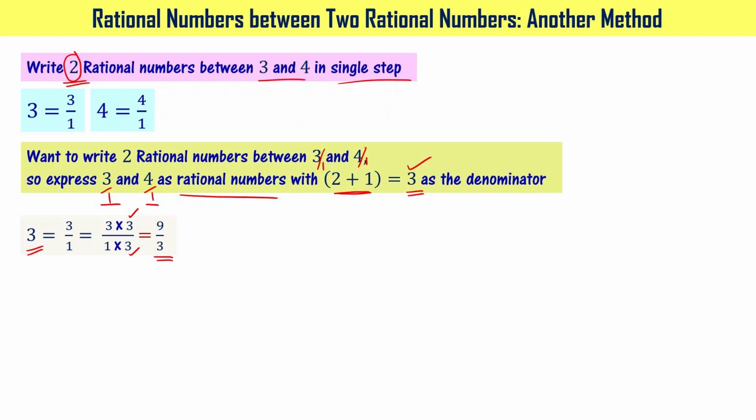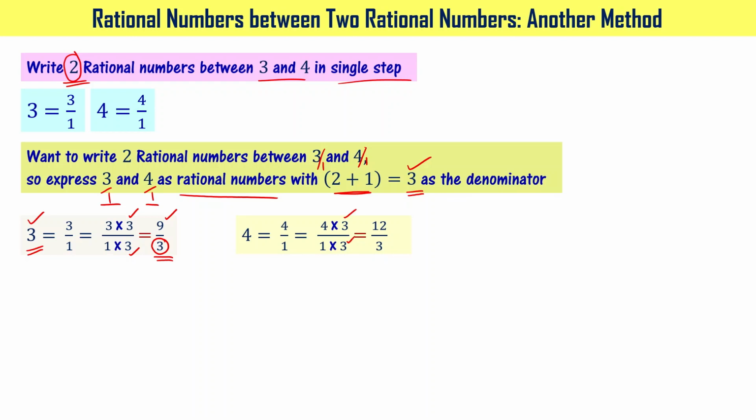So we have expressed the number 3 as a rational number which has denominator 3. Got it? Similarly, we can express the number 4 as a rational number which has denominator 3. For that also, I'm multiplying both numerator and denominator with the number 3. When I do that, I get 12 by 3, right?